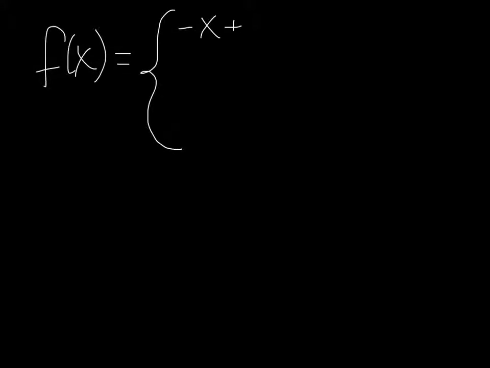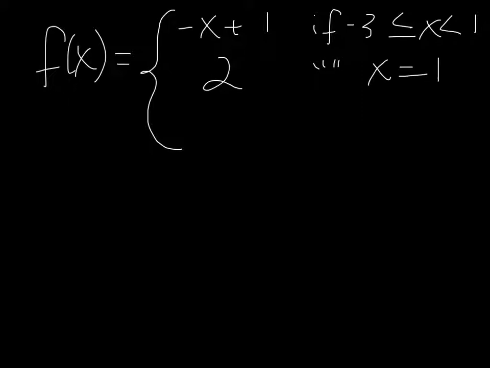Say you have the function defined as f of x equals, so now piecewise functions are all written like this. Let's say you've got negative x plus 1 if this interval, and then 2 if x equals 1, and x squared if x is greater than 1.